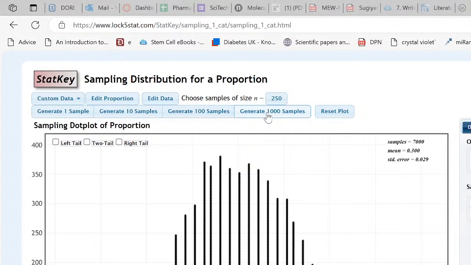Question. Is that n times p being at least 10 a textbook statistics thing, or where does that 10 actually come from? I'll tell you, on the one hand, it's a little bit subjective.